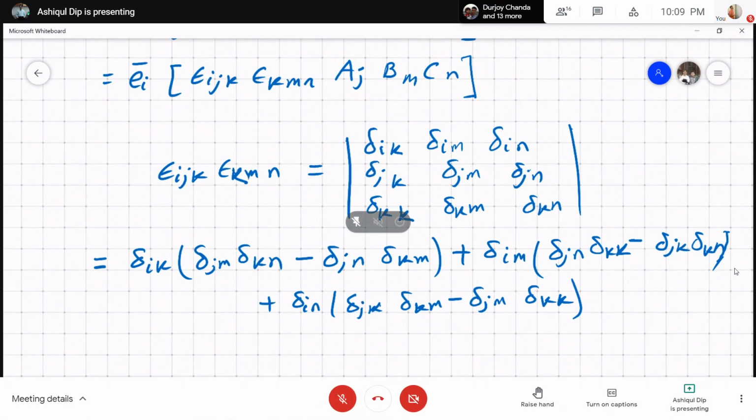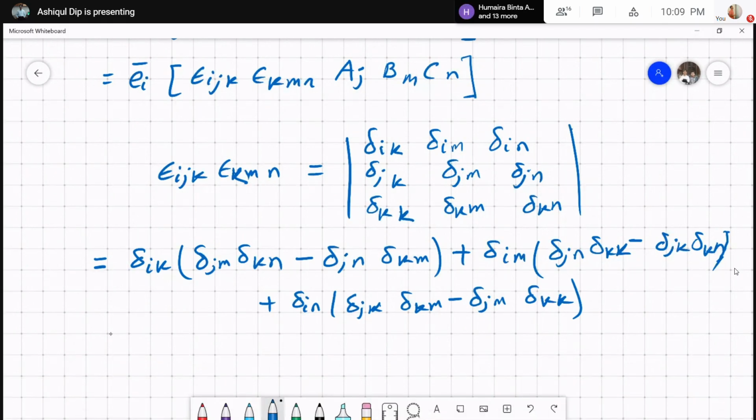Okay, so first, we have a sum over k. Whenever you have a sum, replace that index with the other one. So for the first term, here we have delta jm, and instead of delta ik delta kn you have delta in, right? This k is replaced by i.